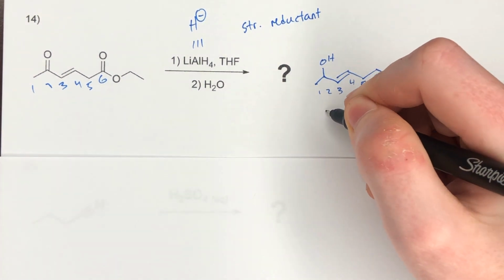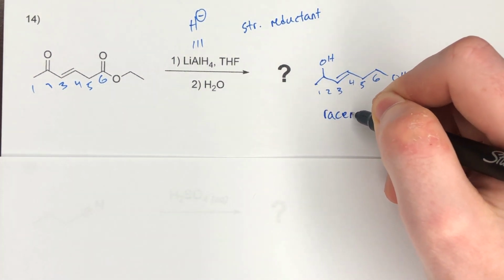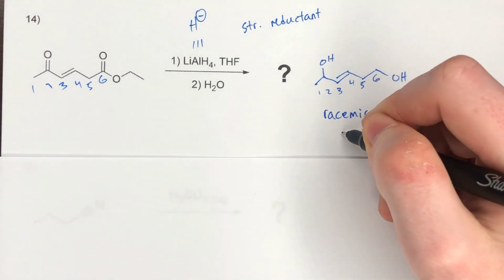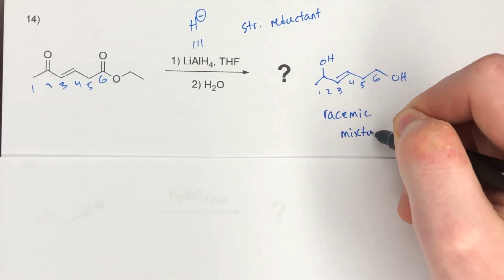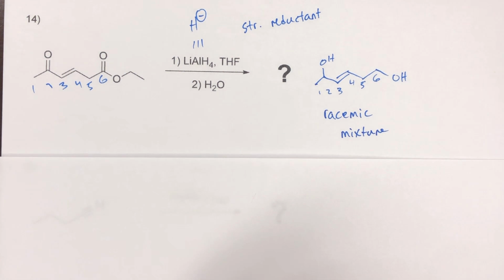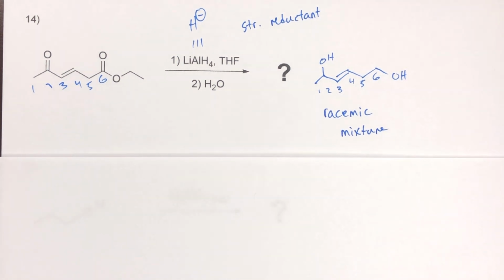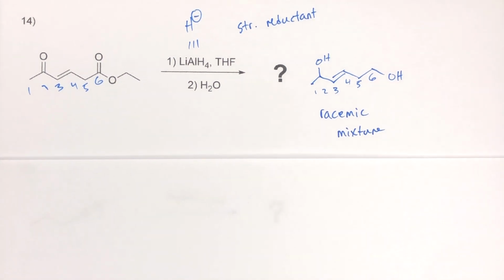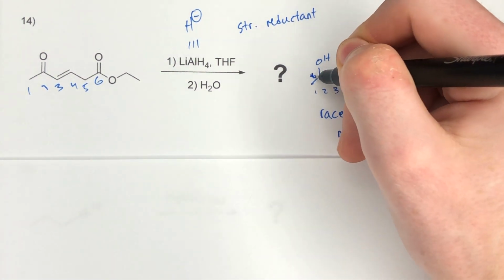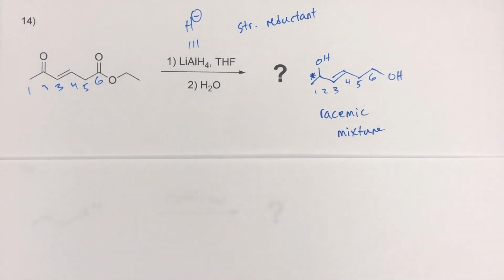So the carbon at carbon 2 is chiral, so you're going to get a racemic mixture since that nucleophile can attack from either above the plane or below the plane, giving both enantiomers. That is not critical at carbon 6 because you're creating a primary alcohol, which is not chiral. So keep your stereochemistry in mind.